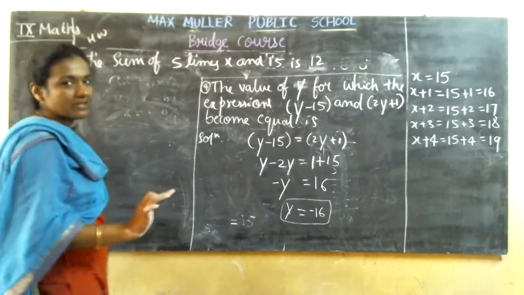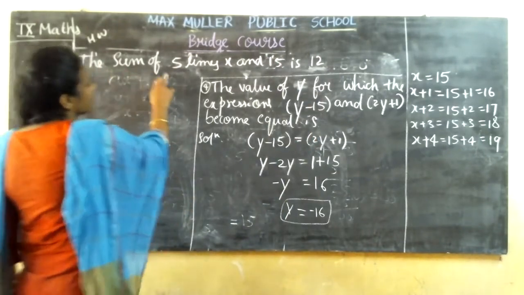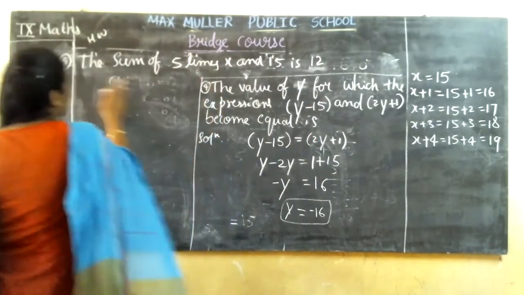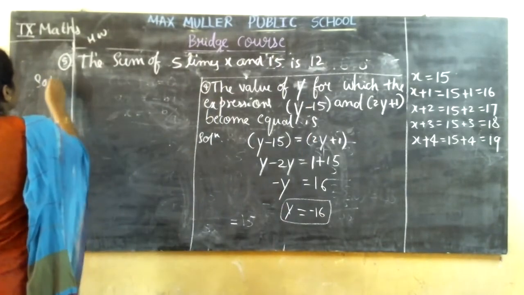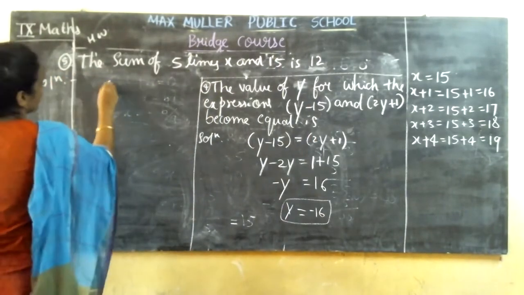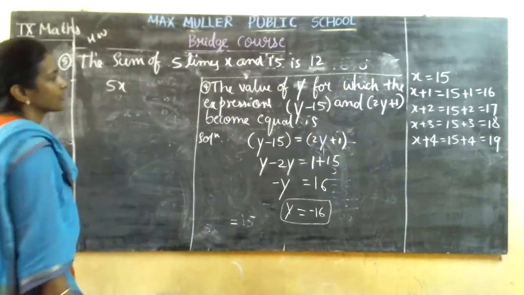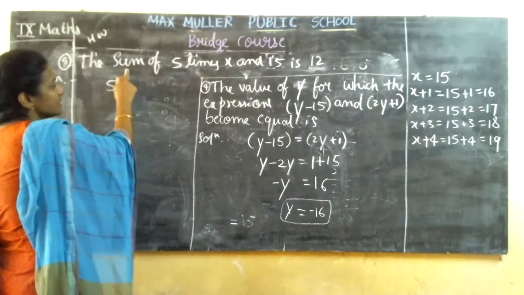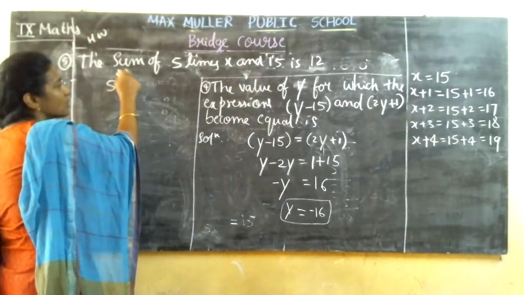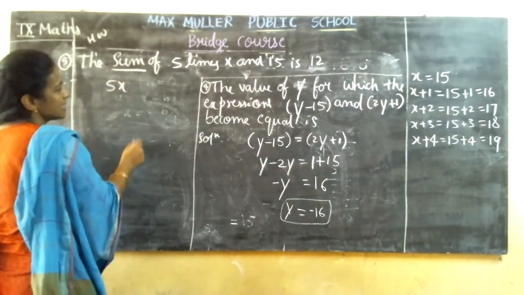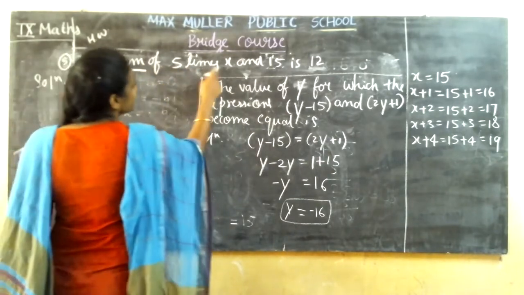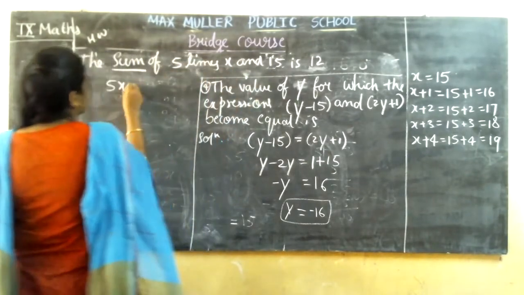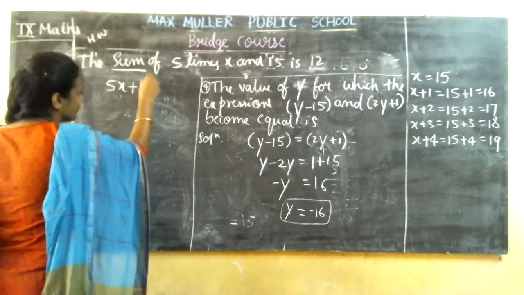What is our verbal formula here? The sum of 5 times x. 5 times x means how we will write, children? Obviously that is 5x. Okay, 5 times x means 5x. What are they given here? Sum. So the sum of 5 times x and 15: we are going to add 15 to 5x.